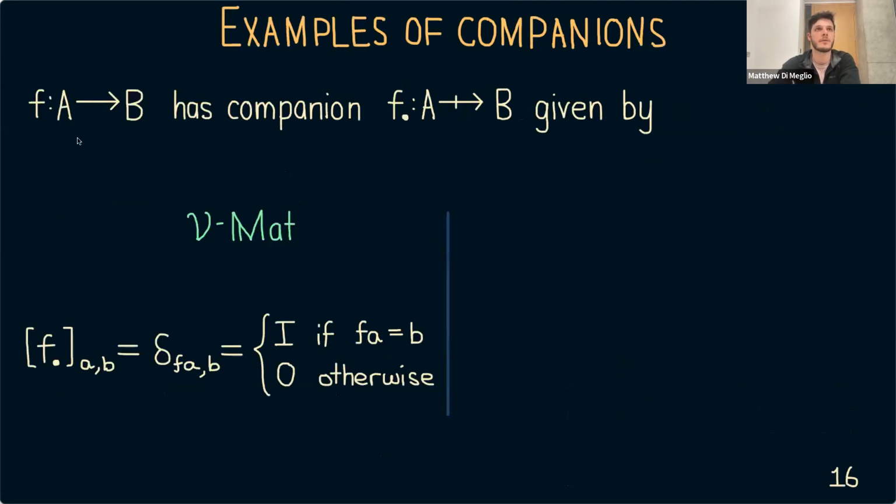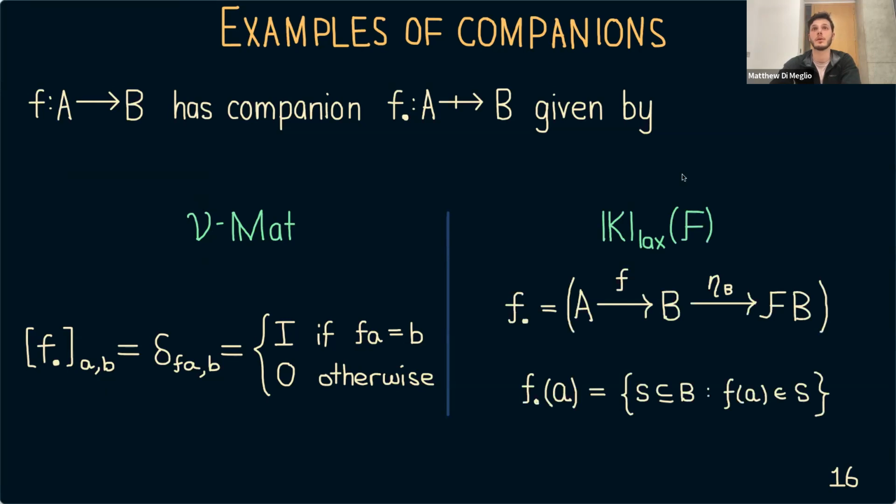So in VMAT, the companion of a function F from A to B is a V matrix, which is given as follows. It's going to be the monoidal unit in all the places where F of A equals B, and it's going to be 0 everywhere else. So if you think of what this looks like as a matrix, it means that every column of the matrix has exactly one monoidal unit, and everywhere else is a 0.